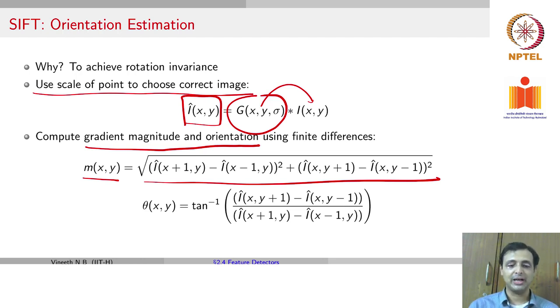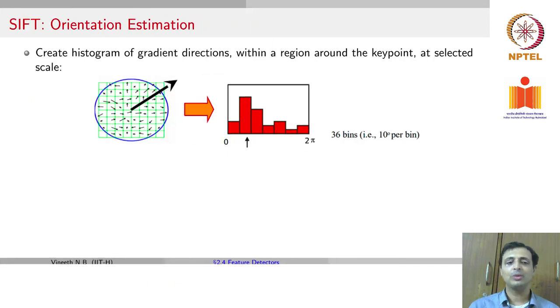That's going to be your magnitude of the gradient. Similarly, your orientation of the gradient at that location is going to be tan inverse of the y gradient by the x gradient. At the end of this step, we're going to have a magnitude and an orientation for every point in your image, including the points that you have identified so far. Now what do we do?